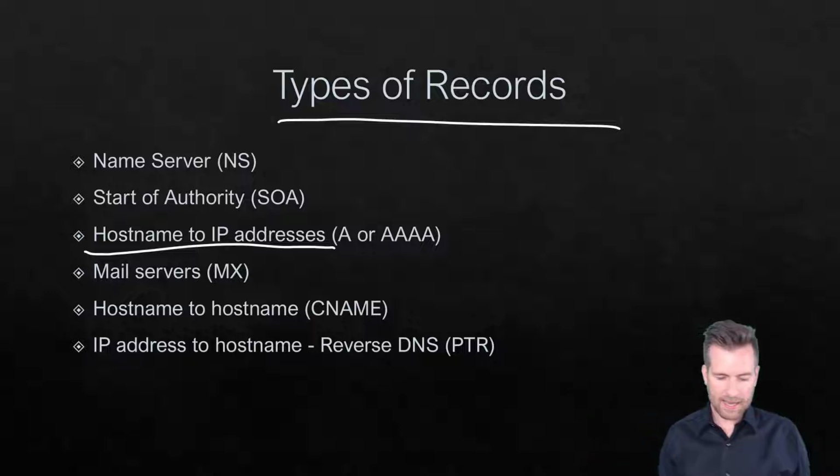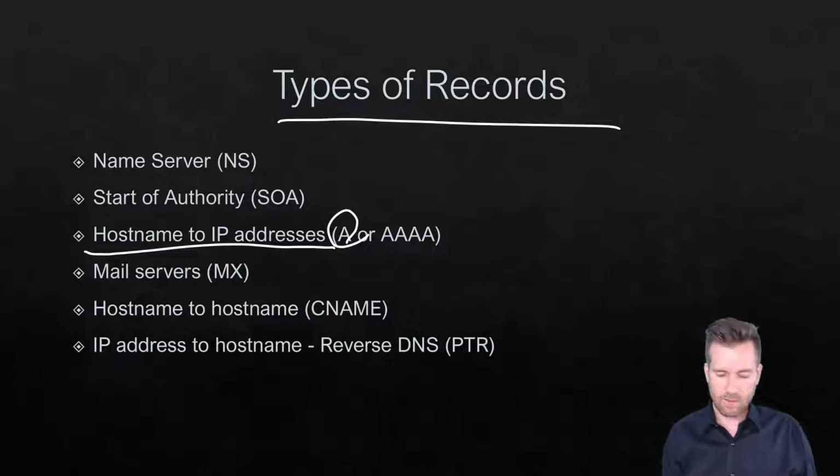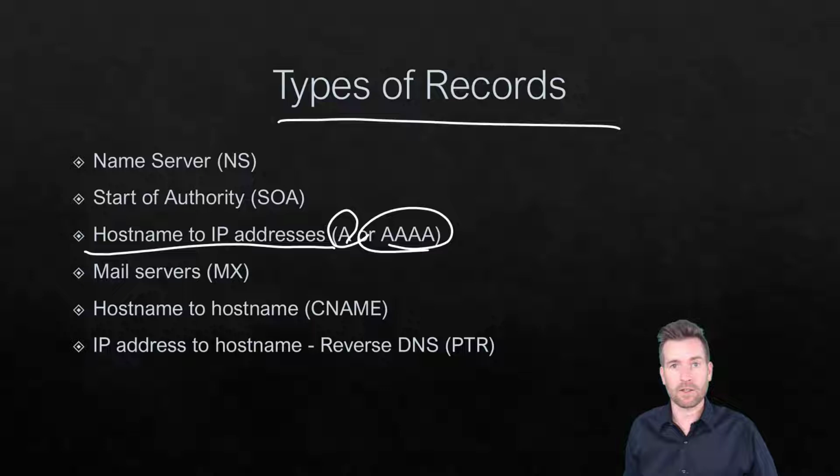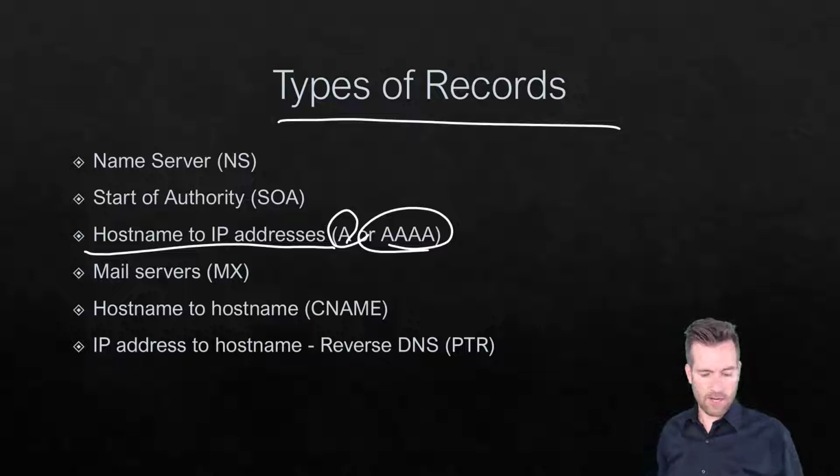We call that an A record. Or if it's sending back an IP version 6 address, then we call that a quad A record. That is the type of record that translates a host name to an IP address.